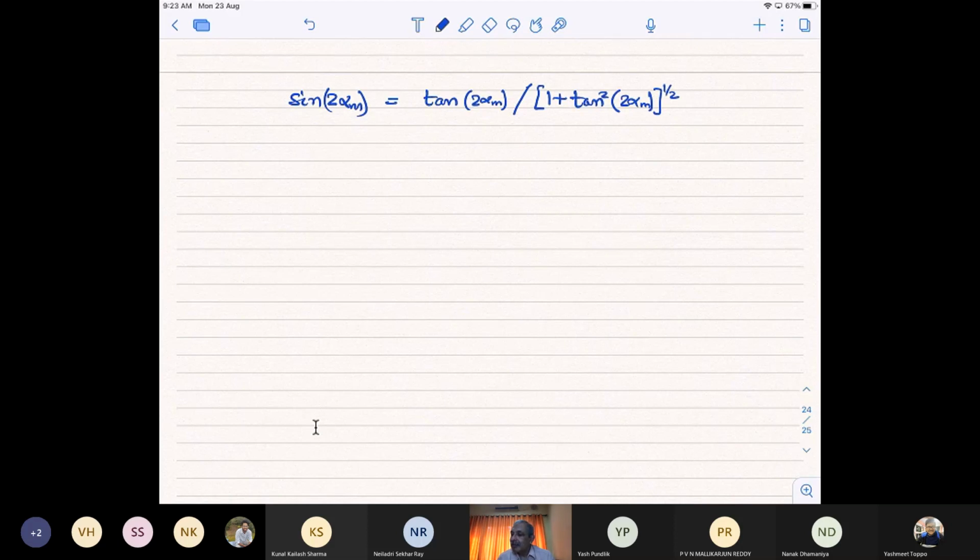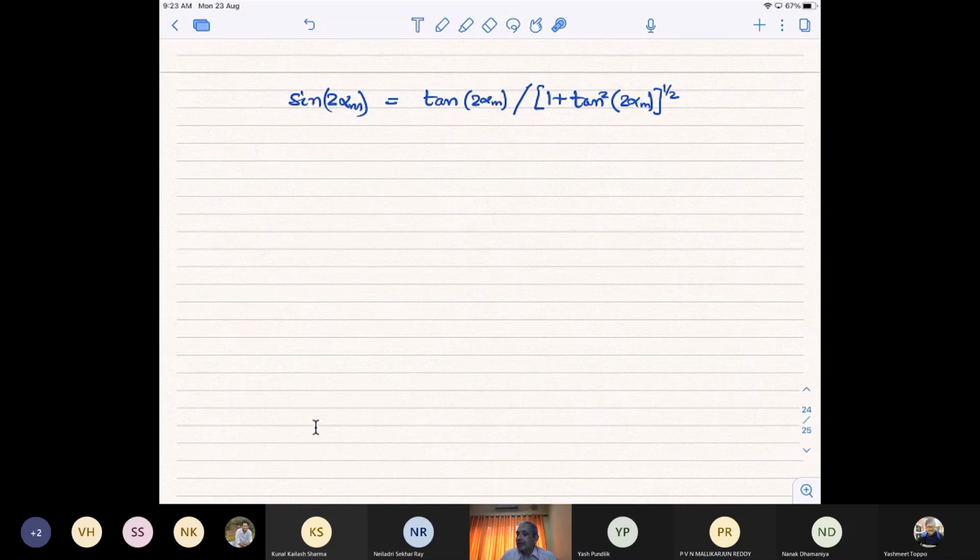Do you agree with this? Yes, sir. So you can easily work it out, because tan is just sine by cos. So tan squared is sine squared by cos squared. So 1 plus tan squared becomes cos squared plus sine squared divided by cos squared, so that's 1 by cos squared.